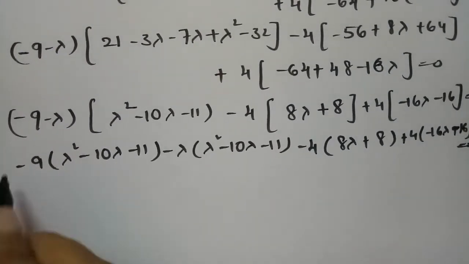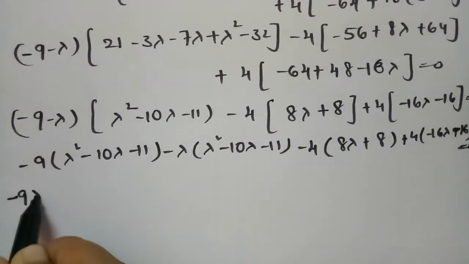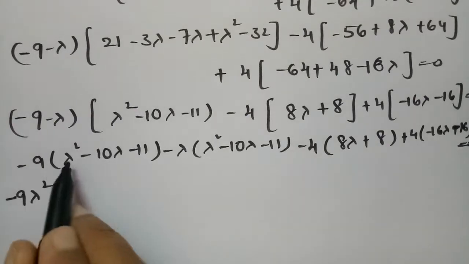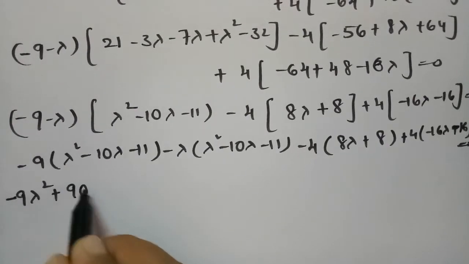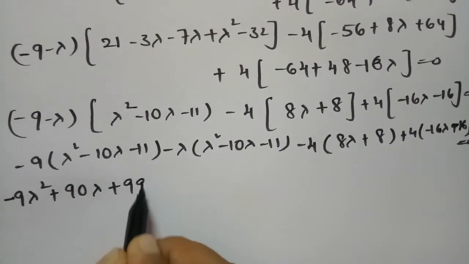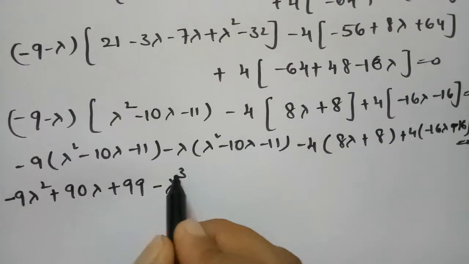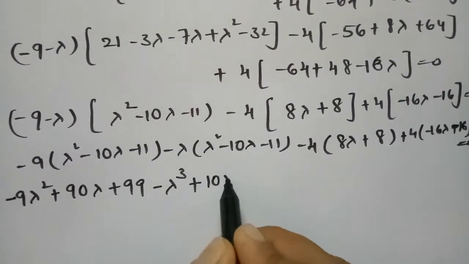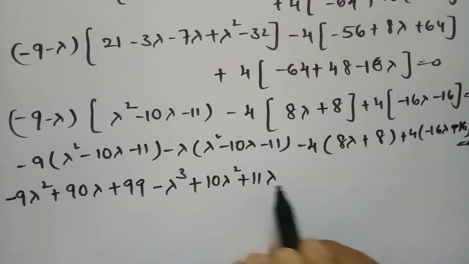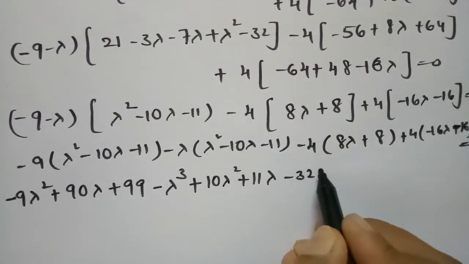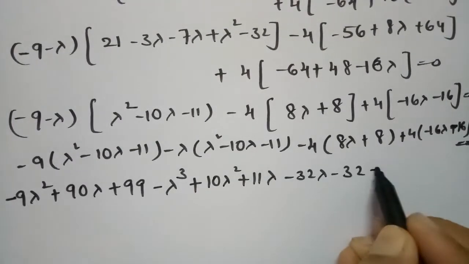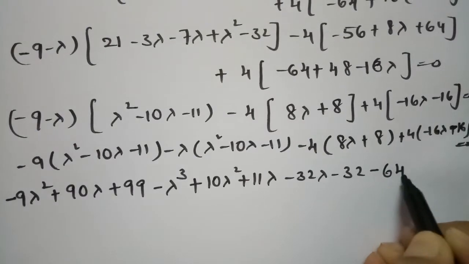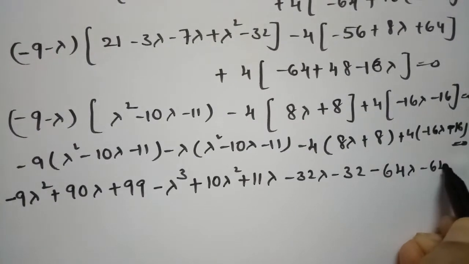So if I multiply, this will be -9 lambda square plus 90 lambda plus 99. If I multiply, this is minus lambda cube plus 10 lambda square plus 11 lambda. If I multiply, this is 32 lambda minus 32, and this is -64 lambda plus 64 is equal to 0.